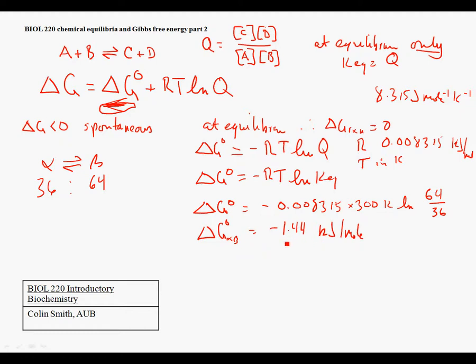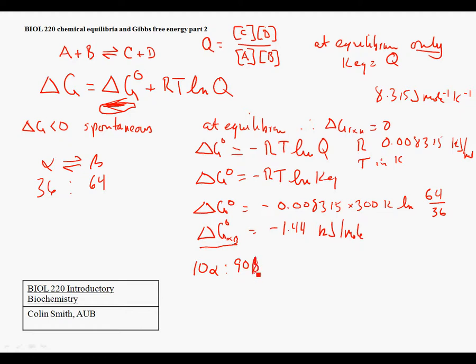So first, just now we've seen that we can use an equilibrium constant to calculate the standard change of the reaction, and then we can go back and say, well, what if we have a solution that is 10% alpha and 90% beta?